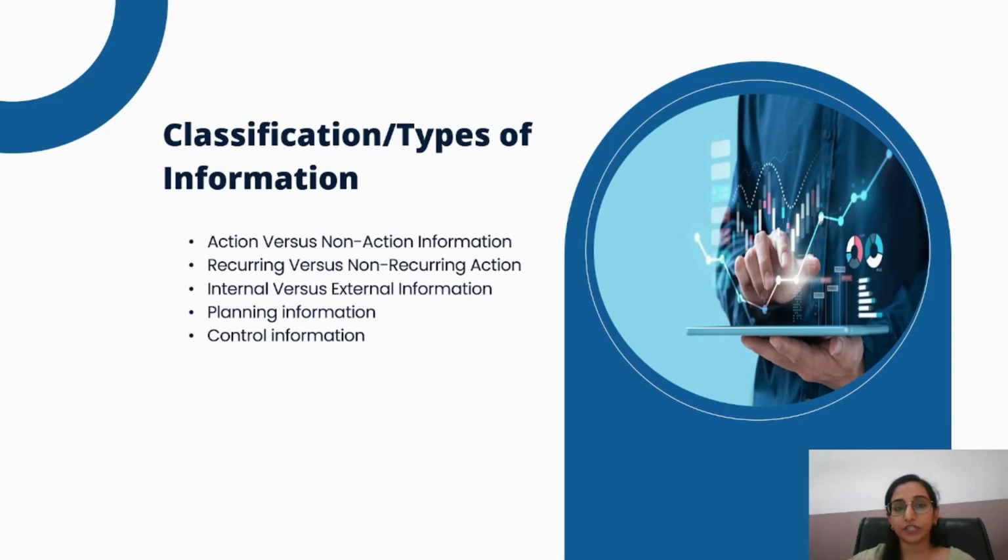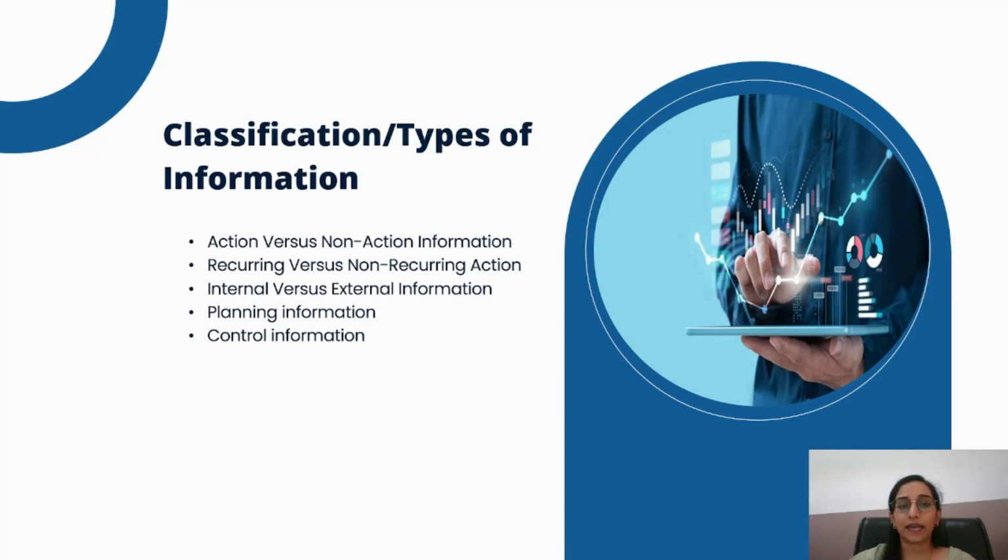While the information generated through the government reports, the industry surveys, etc., is termed as external information, as the sources of the data are outside the organization. The action information, the recurring information, and the internal information are the prime area for computerization, and they contribute qualitatively to the MIS.